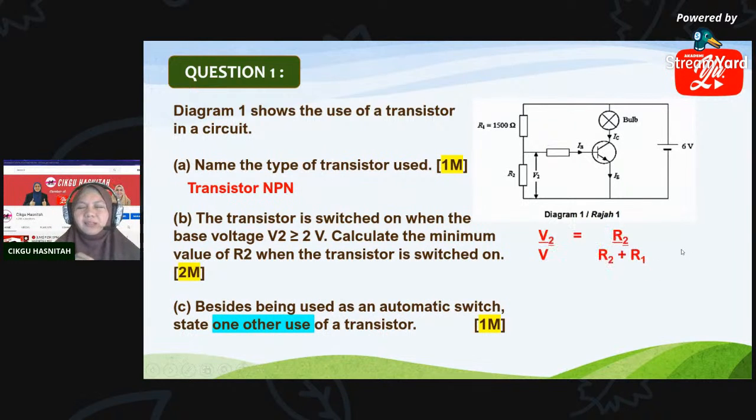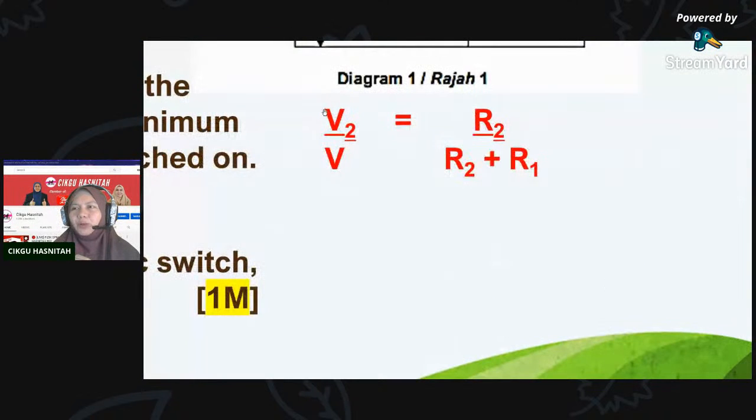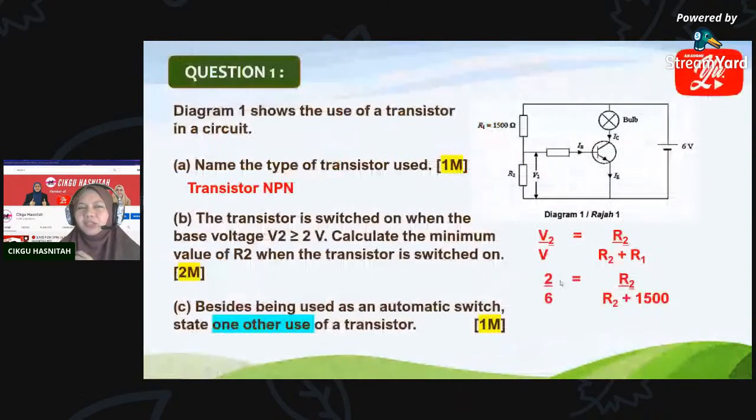So this is the equation which you can apply: V2, the base voltage, divided by V, the total voltage supply, which is 6, equals R2 divided by the total resistance at the potential divider, R2 plus R1. Then we do the substitution.